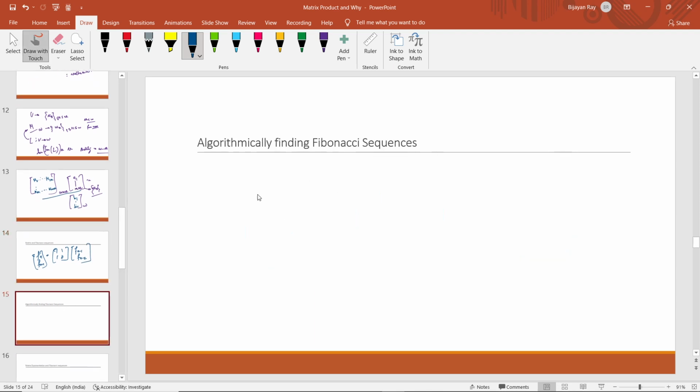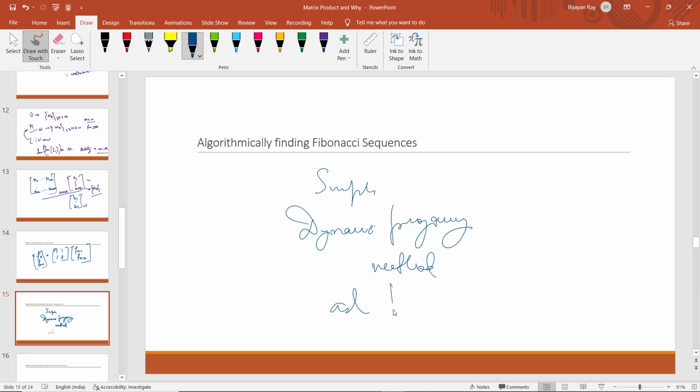Now, algorithmically for Fibonacci, I described the simple method, the dynamic programming method, and the matrix method, which we saw is O(log n times k cubed) multiplications, where n is the nth Fibonacci number and k is the order of the matrix.